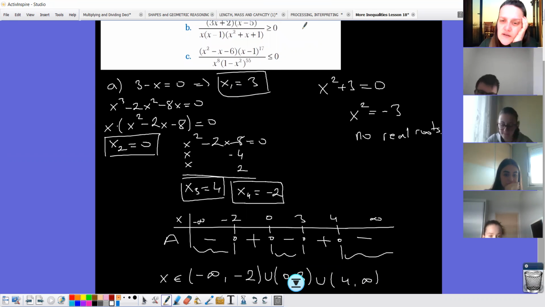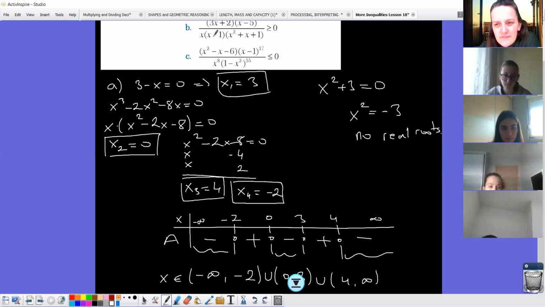For example, in x minus 1 to the power of 17, the x, for example 1 will make it 0. Will it be a double root or not? If the power is even, guys, it is a double root.